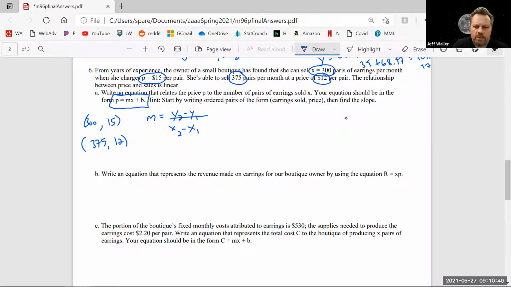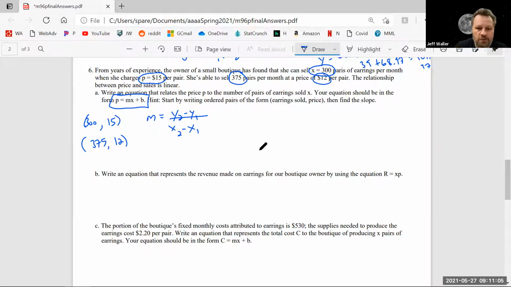I don't know how big of a deal I made this. The little subscripts, the 2 and the 1, they don't matter much. The only reason they're there is because if you do 12 minus 15, you must go the same direction, 375 minus 300, or else your answer has the wrong sign. So that's the only reason the subscripts are there.